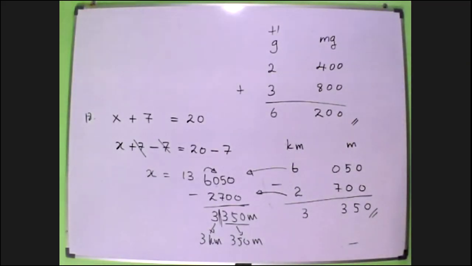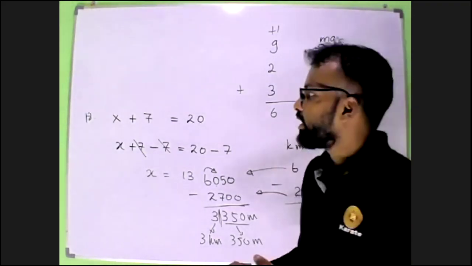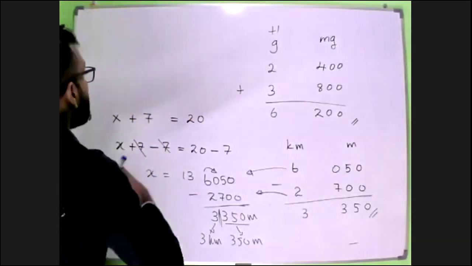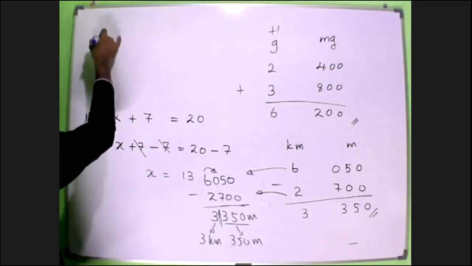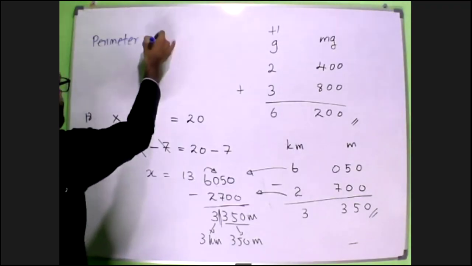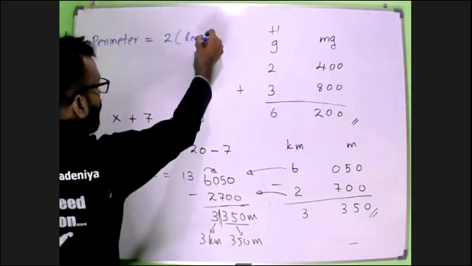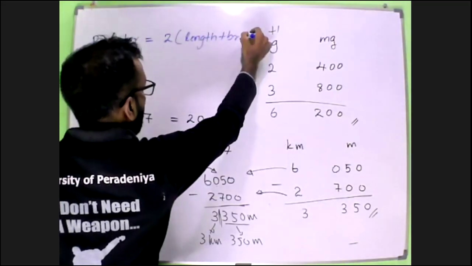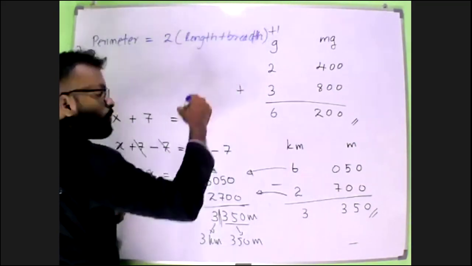Right, 20th one. In the given figure, find the perimeter. You have a rectangular shape. So how do you find the perimeter of a rectangle? Perimeter of a rectangle is 2 times length plus breadth.